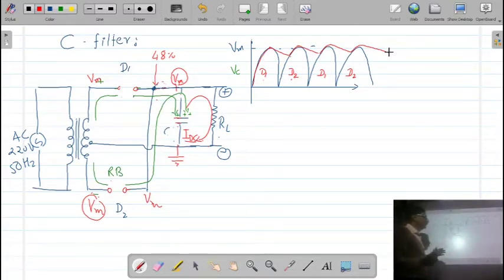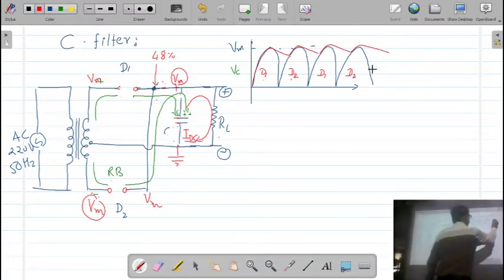Remember, whatever this waveform is, that is where C is not connected. Here it is without connection.